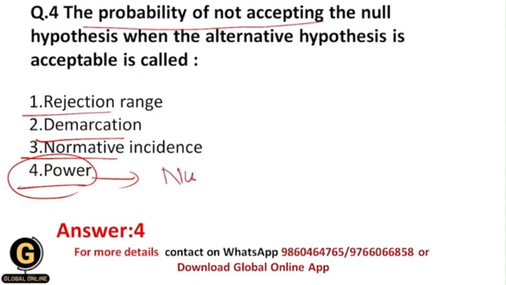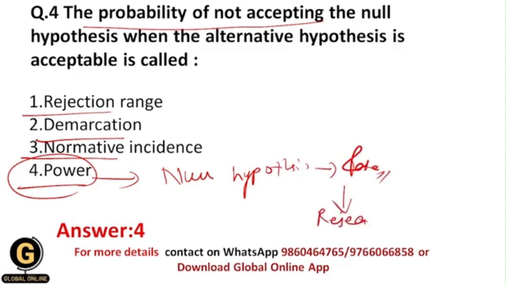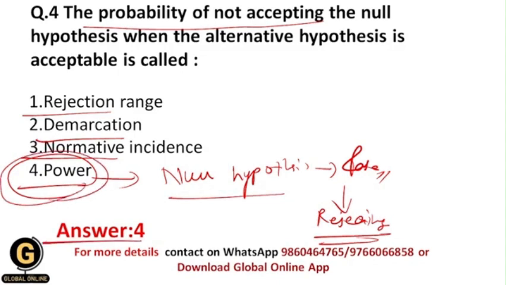Whenever the null hypothesis is actually false in reality, that's why we are rejecting it. The probability of rejecting this false null hypothesis is called power. Okay, and that's why your correct answer should be 4.